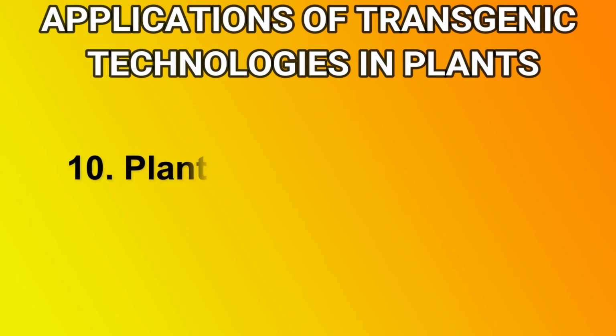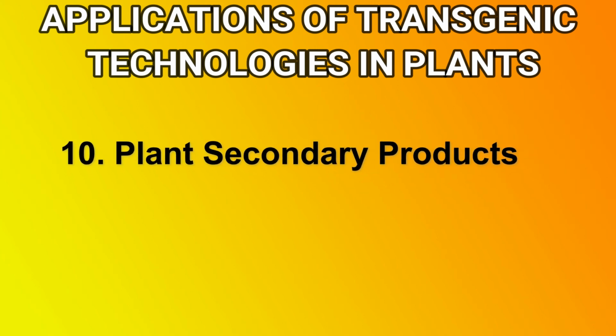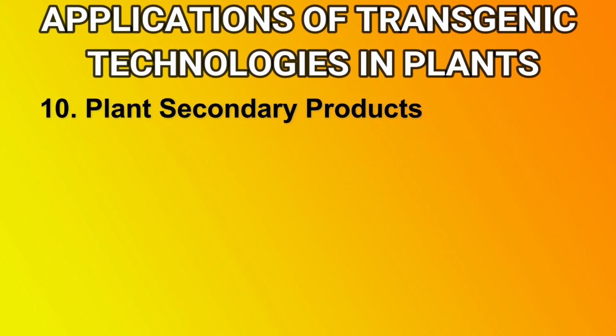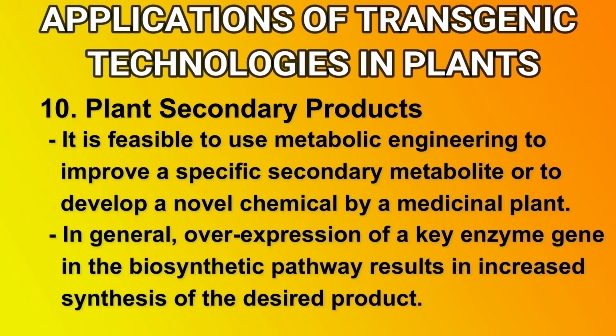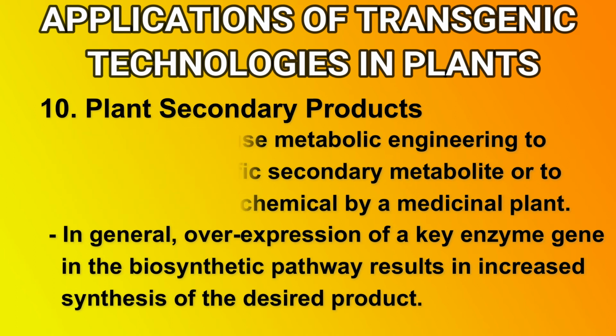Number 10. Plant secondary products. It is feasible to use metabolic engineering to improve a specific secondary metabolite or to develop a novel chemical in a biomedicinal plant. In general, overexpression of a key enzyme gene in the biosynthetic pathway results in increased synthesis of the desired product.